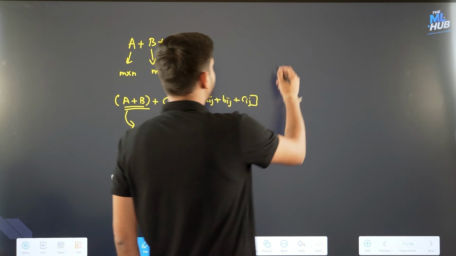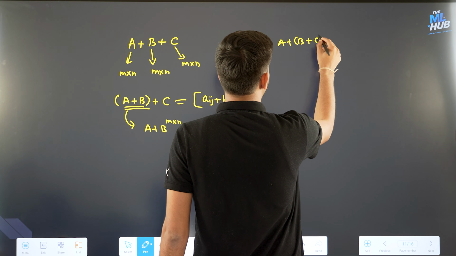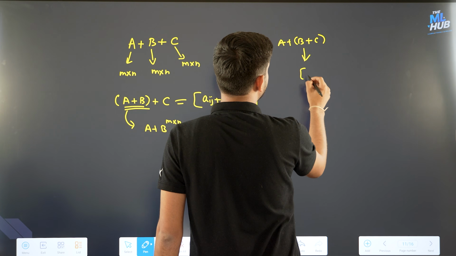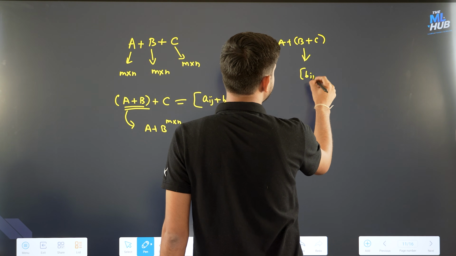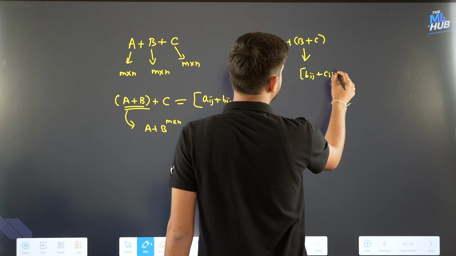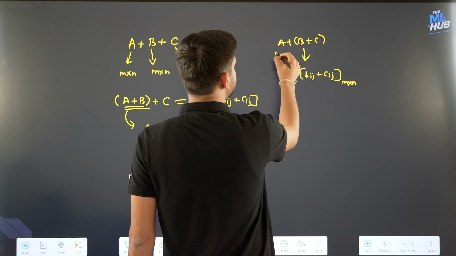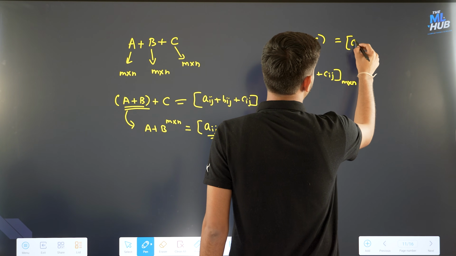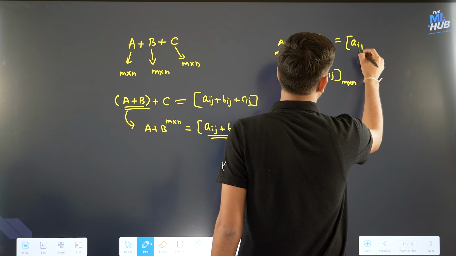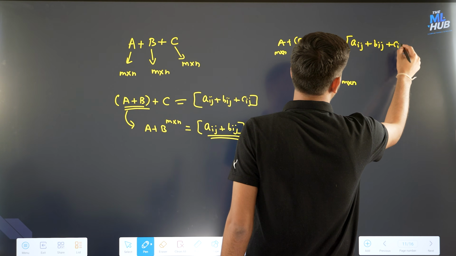And similarly when we do, let's say, B plus C first, then the same thing will happen. B plus C will also be an m cross n matrix, and its ijth element will be Bij plus Cij. And now we are adding A to it. A is also an m cross n matrix. So the final ijth element will be Aij plus Bij plus Cij.